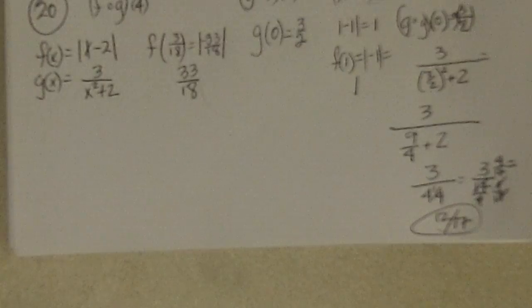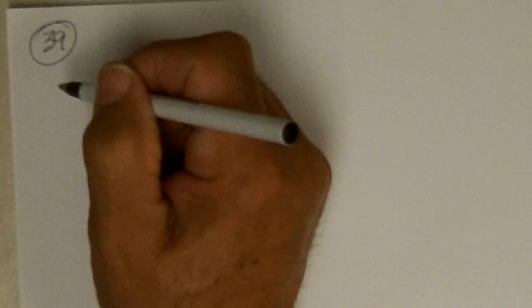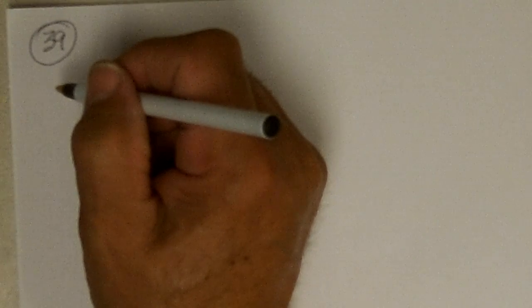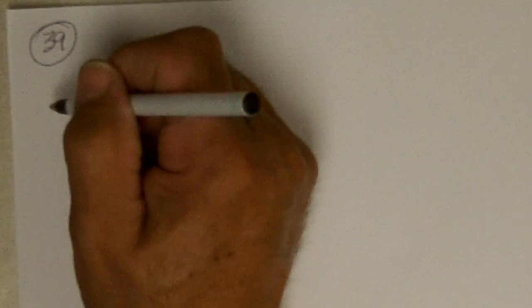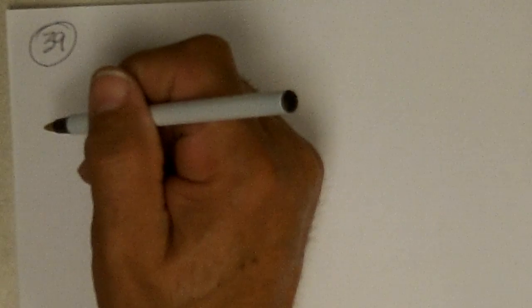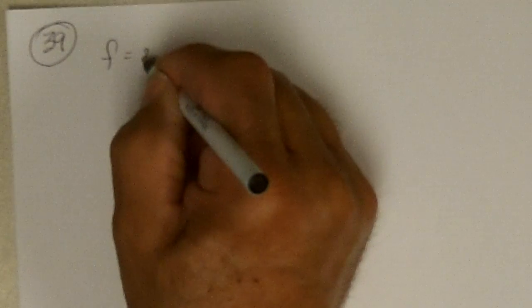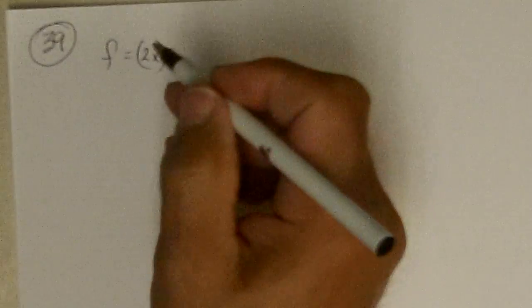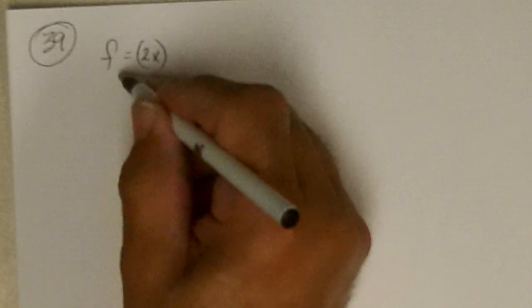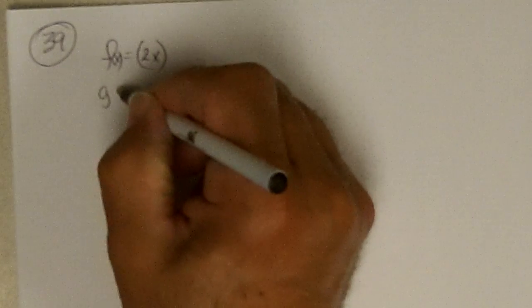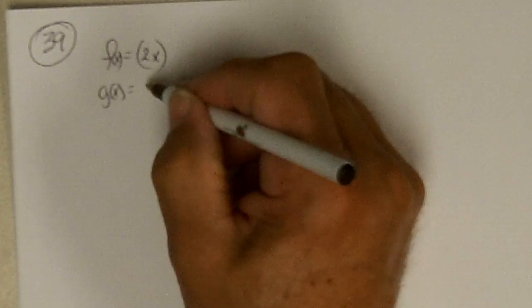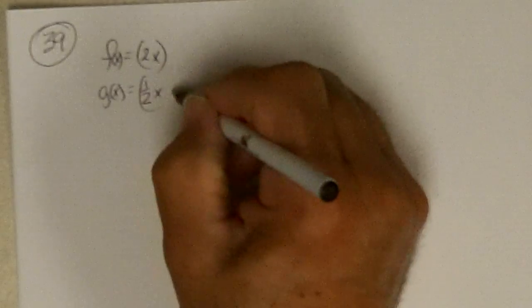And now let's see, 39. One more problem, 39 in this section. 39 says show that f of g of x and g of f of x equals x, where f of x is 2x and g of x is 1/2 x. So basically show that these are inverses of each other.